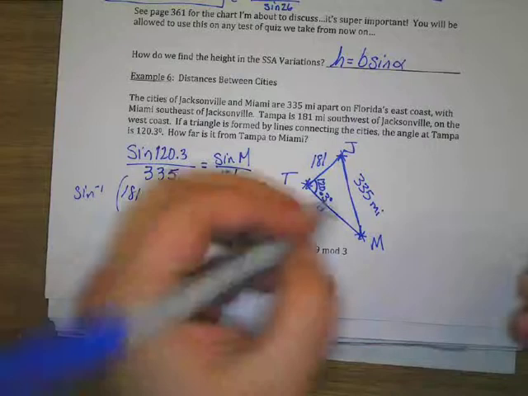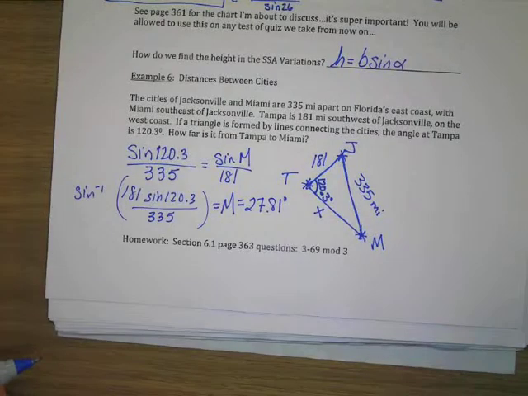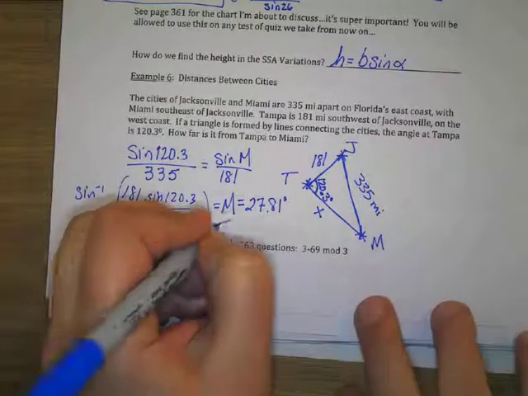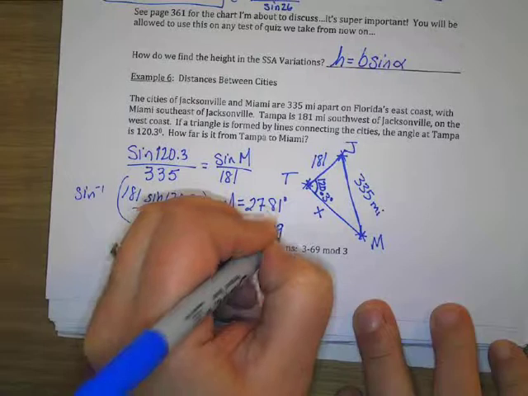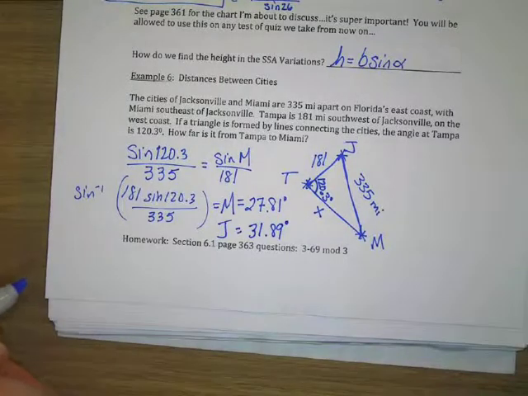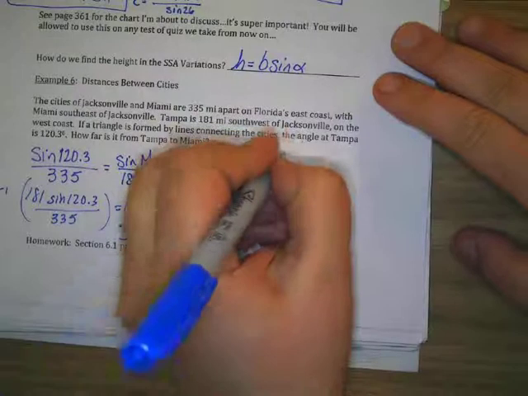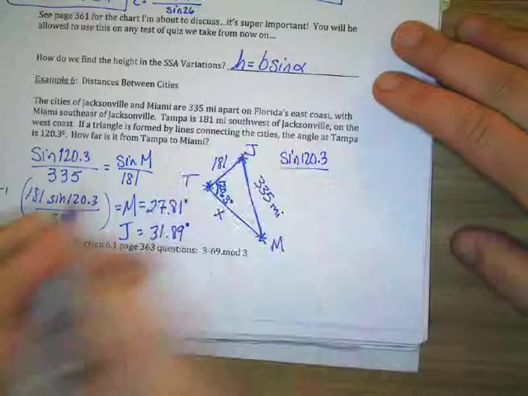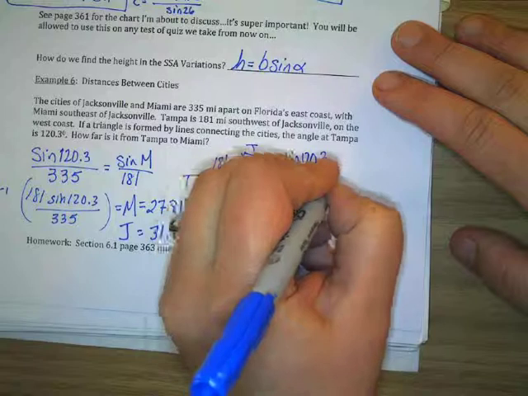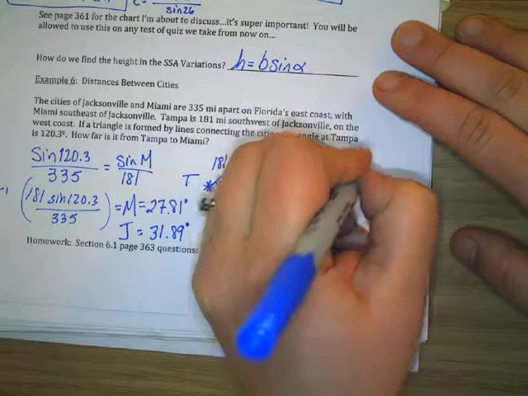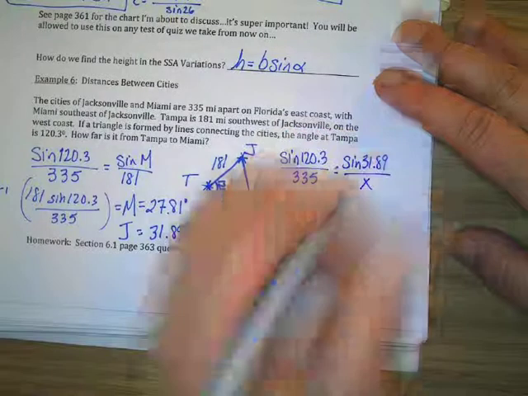Okay, so now that we know what M is, can we figure out the angle at J, at Jacksonville? Yep, so 180 minus 120.3 minus 27.81. So J is 31.89 degrees. And now we can figure out the missing distance from Tampa to Miami. So sine of 120.3 over 335, sine of 31.89 over we don't know what.